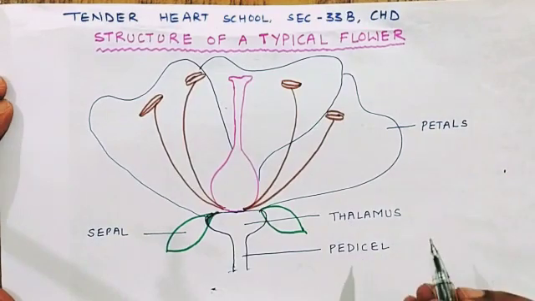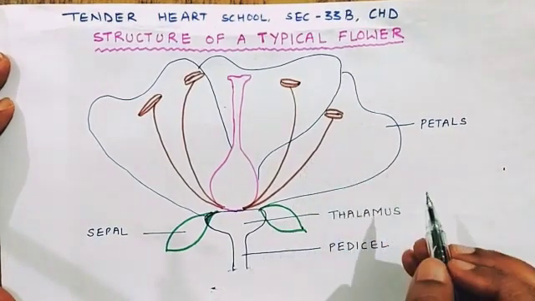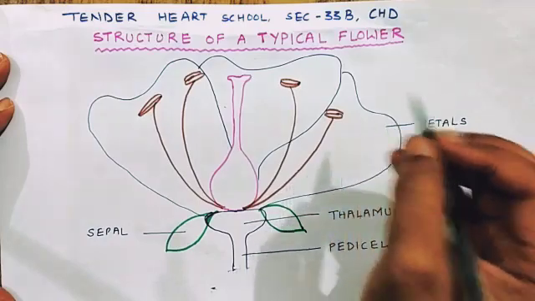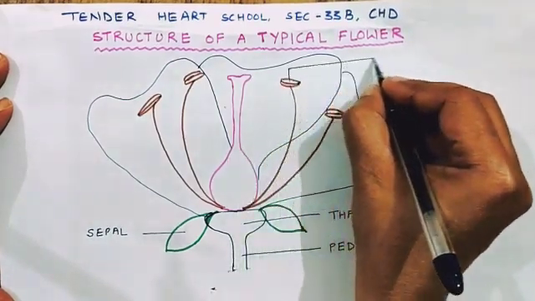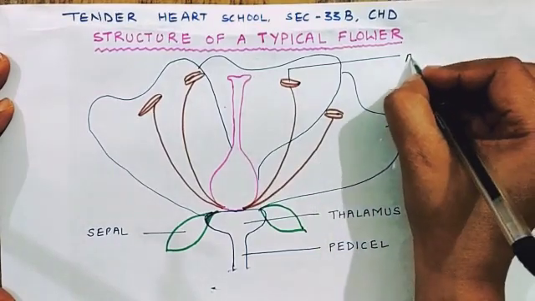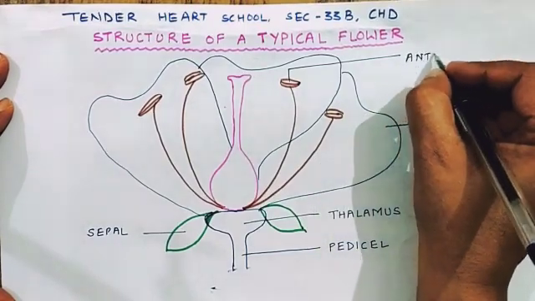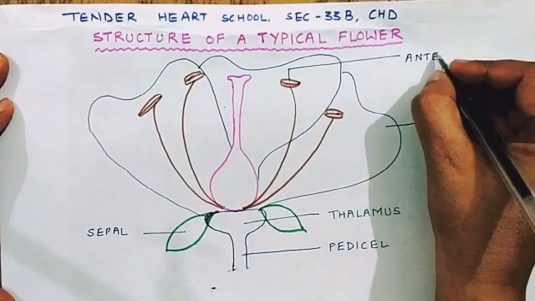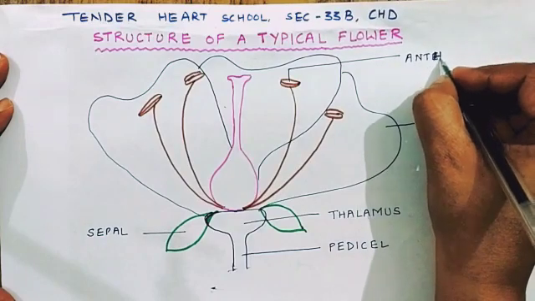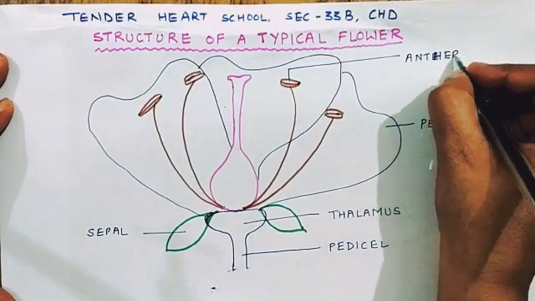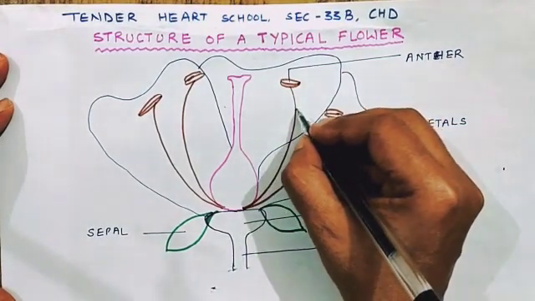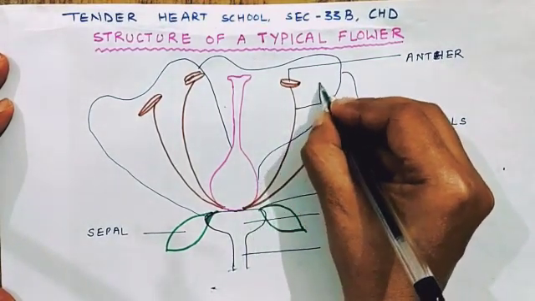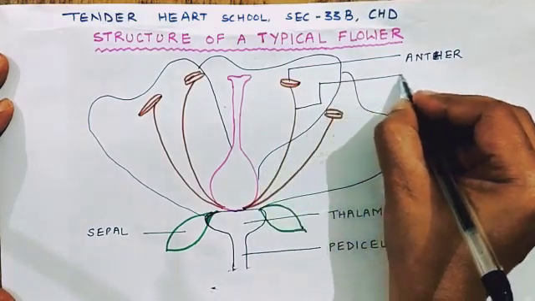Now let us label this male part of the flower. Now you can see this is the upper swollen part. This is called the anther. And the stalk of this stamen is called the filament.